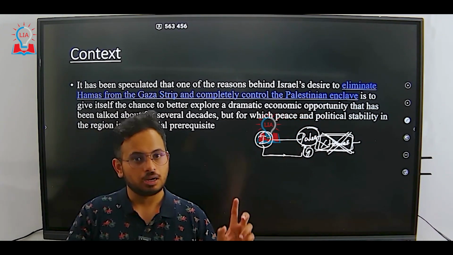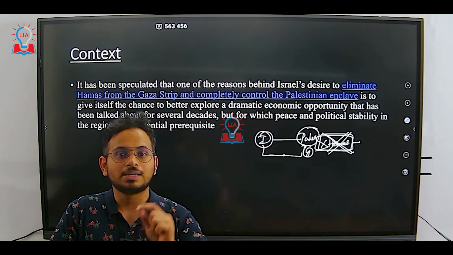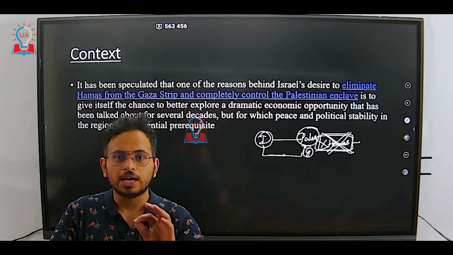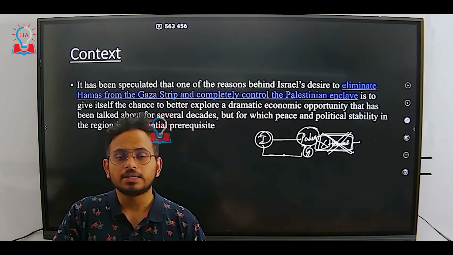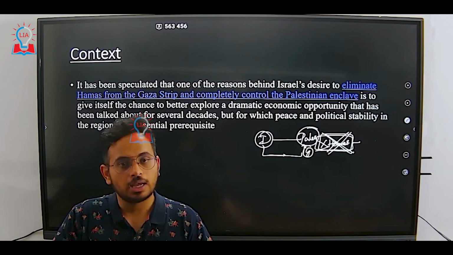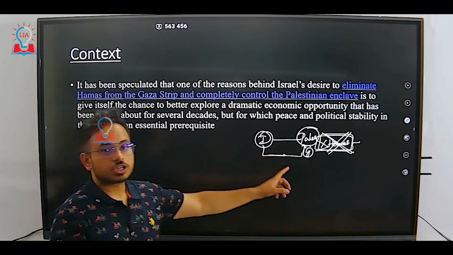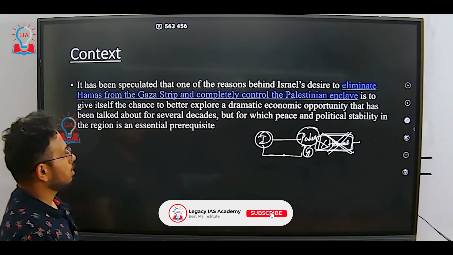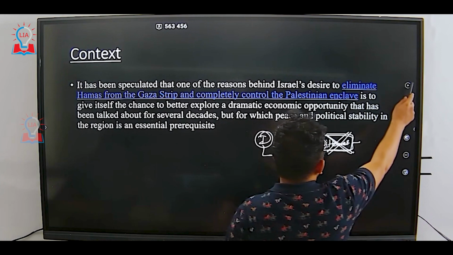So to give confidence to the entire world's shipping and navigation community, Israel wants to eliminate Hamas from the Gaza Strip, so that in the next 10, 15 or 20 years down the line, we will be able to explore a new pathway which can work as an alternative to the Suez Canal. So this is the context in which we are discussing this topic.